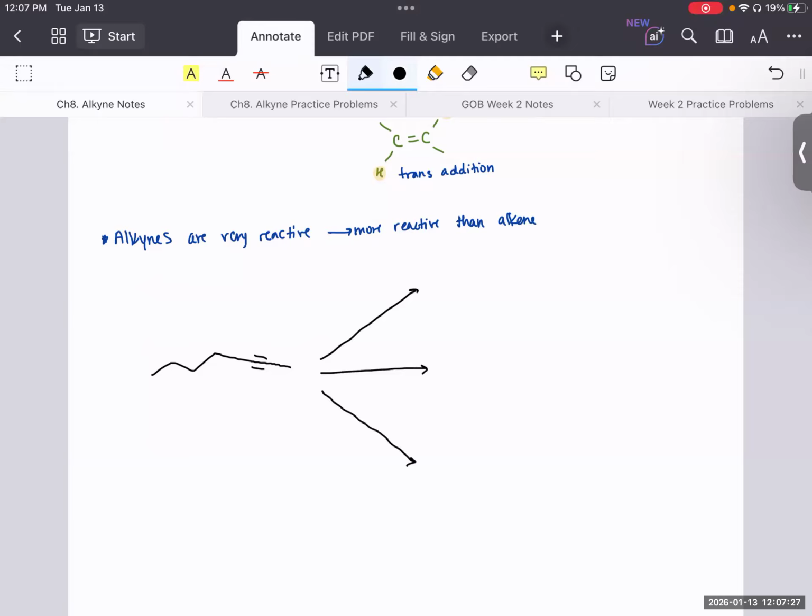We could reduce this alkyne to an alkene, and so we could have a trans alkene here, or we could have a cis alkene, or we could go all the way down to an alkane. So I'll draw what all those products would look like.